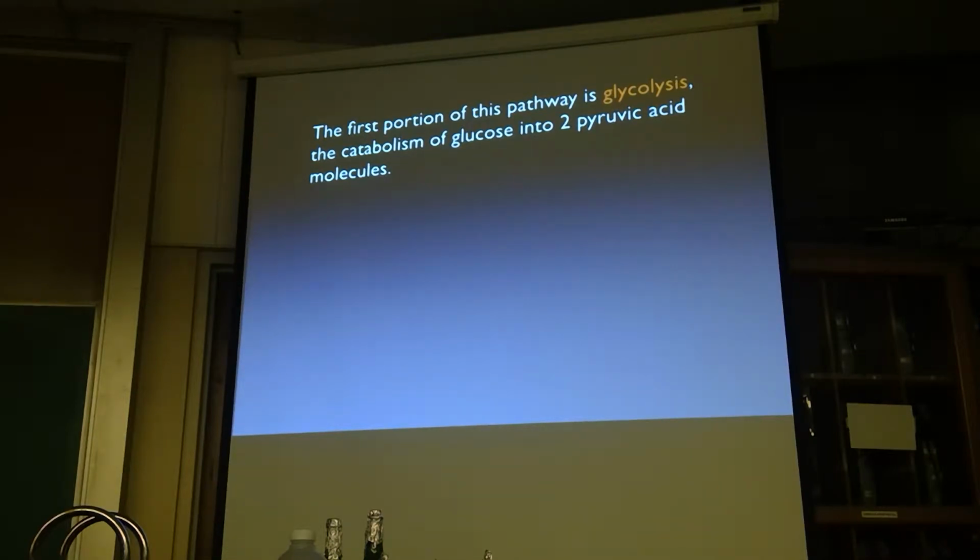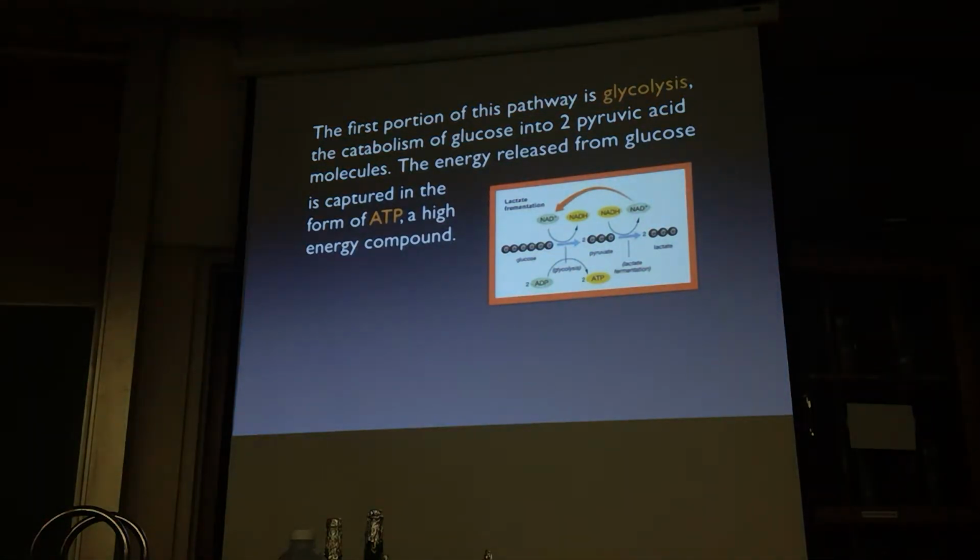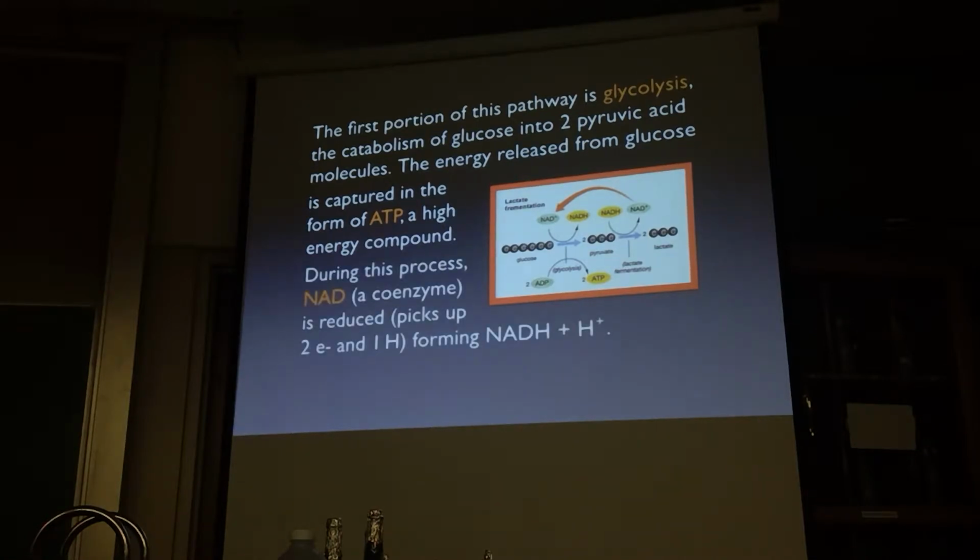I think it takes a whole bunch of steps. It's not 1. I want to say 17, I'm not sure that's right, but anyway, a bunch of steps. The purpose, again, is to break covalent bonds, release energy that can be used to make ATP, high energy compound. The cell needs that to do whatever else it's going to do.